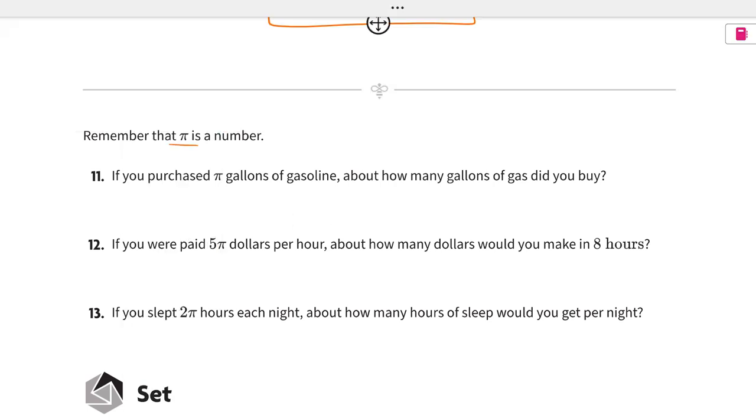Well, since pi is approximately 3.14, we purchased about 3.14 gallons of gasoline. You can go to more decimal places if you want, but I think 3.14 is pretty standard for pi.